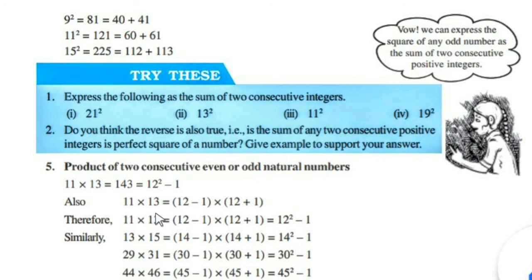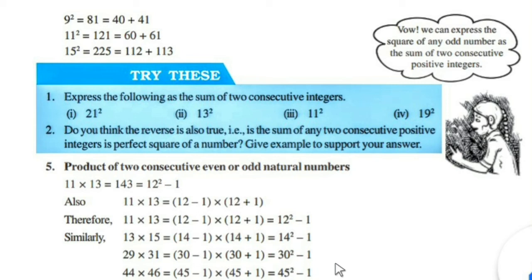Now 11 into 13 means what? 12 minus 1 into 12 plus 1, that will be equal to 12 square minus 1. 13 into 15 equal to 14 minus 1 into 14 plus 1 is equal to 14 square minus 1. 29 into 31 equal to 30 minus 1 into 30 plus 1 equal to 30 square minus 1. 44 into 46 equal to 45 minus 1 into 45 plus 1 equal to 45 square minus 1.